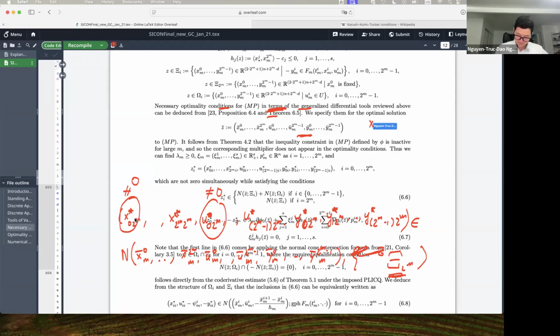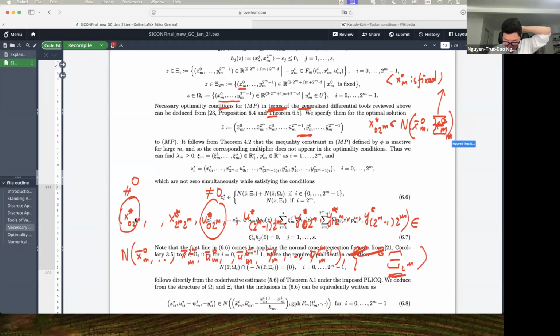So for the first component belonging to the normal cone at x bar 0m, an element in this set is going to be x0m, where x0m satisfies the following: x0m is fixed. No, it must belong to the set.